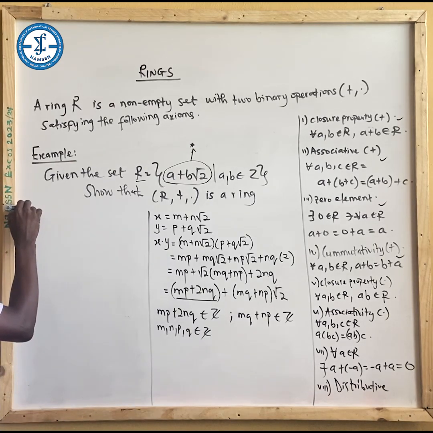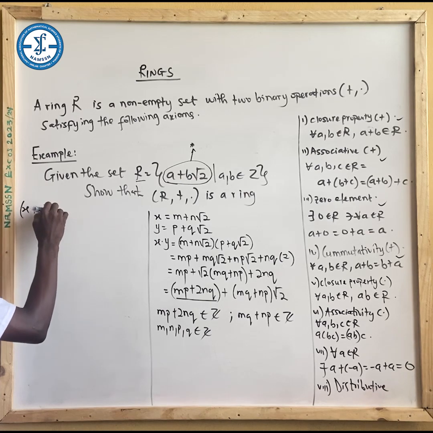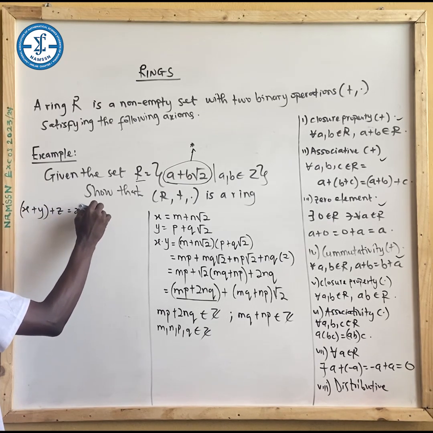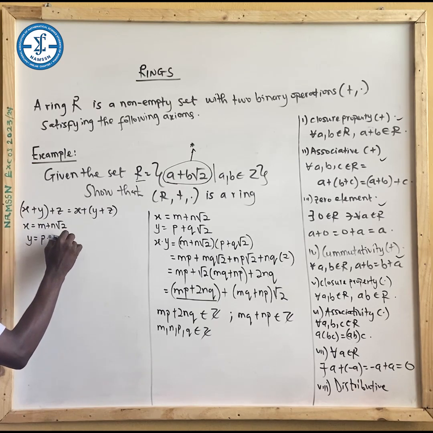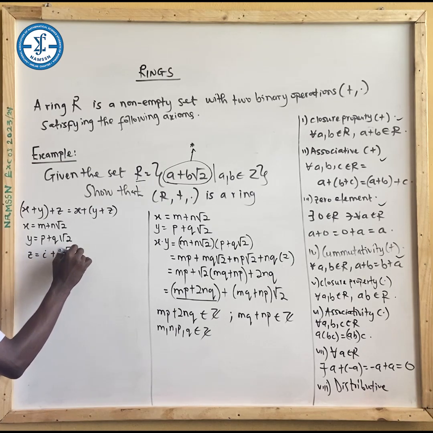So associativity, as I'm using x plus y plus z equals x plus y plus z. Now if you can recall what x plus y is, we said x is m plus n root 2, y is p plus q root 2, and our z was i plus j root 2.